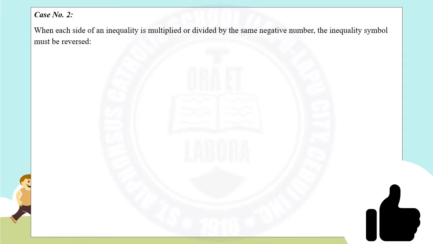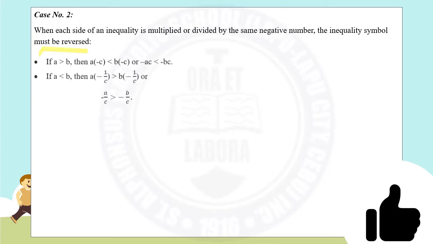Case number 2. When each side of an inequality is multiplied or divided by the same negative number, the inequality symbol must be reversed. Again, it must be reversed. Please take note of that one.